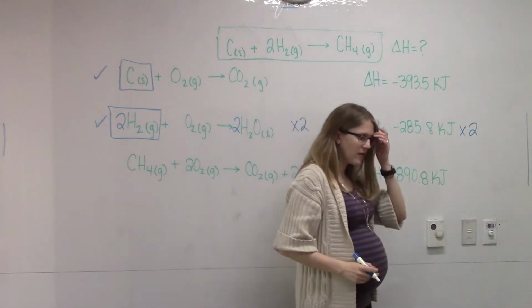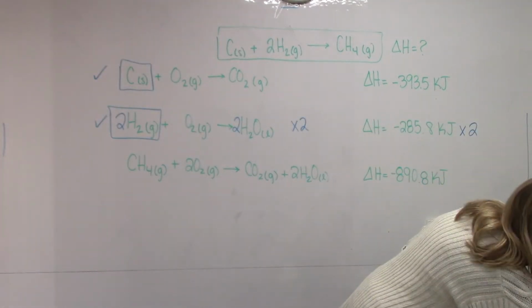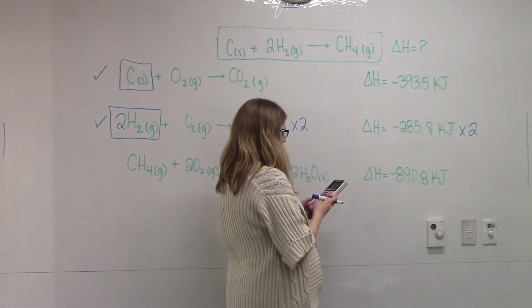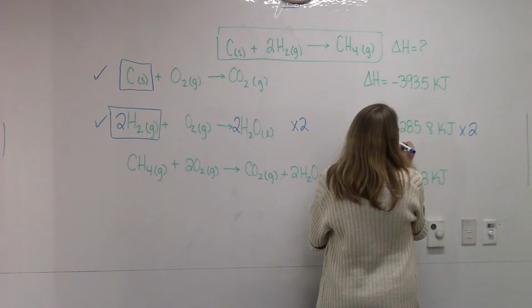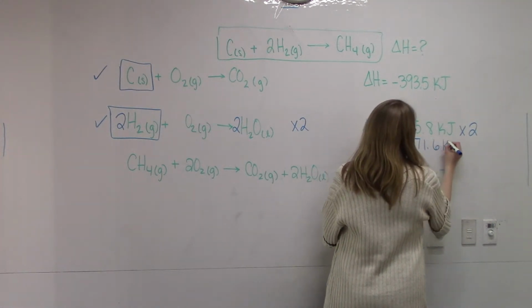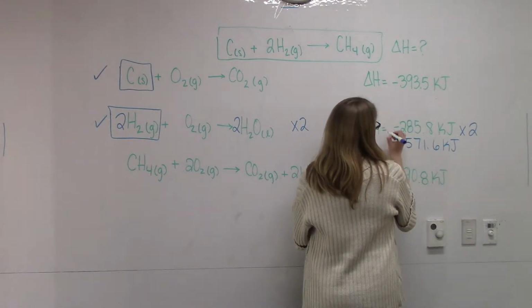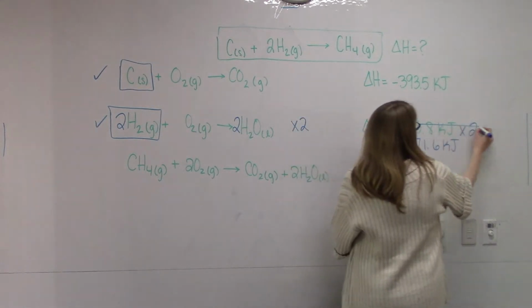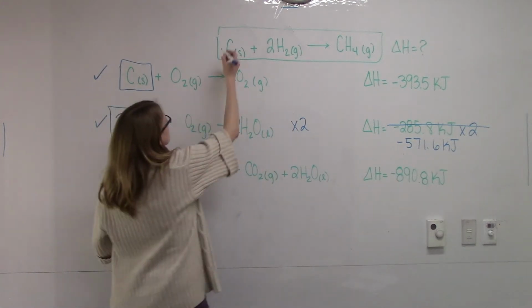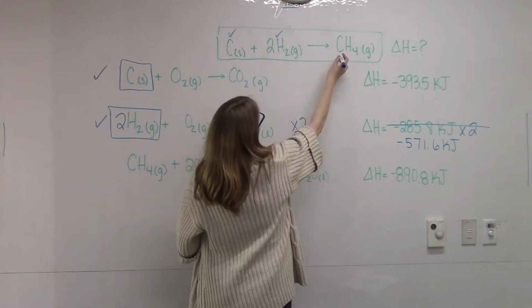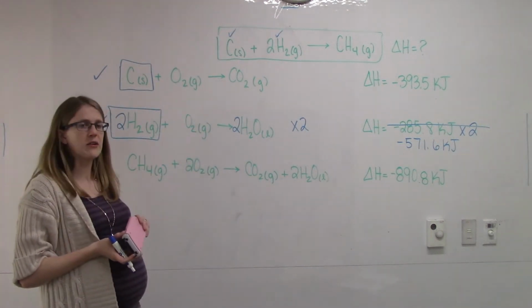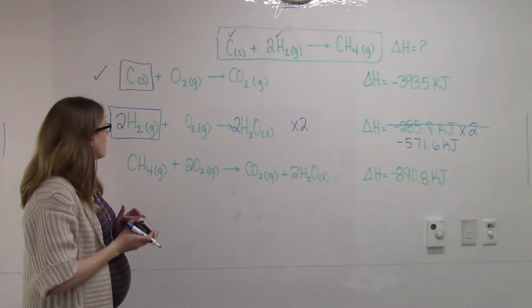So negative 285.8 times 2, and that's going to be a negative 571.6 kilojoules. That is now going to be our answer. Okay? Now, we got H2. Check, check. Let's hope CH4 works out well, because if it doesn't, then we're going to have to do some twiddling around.